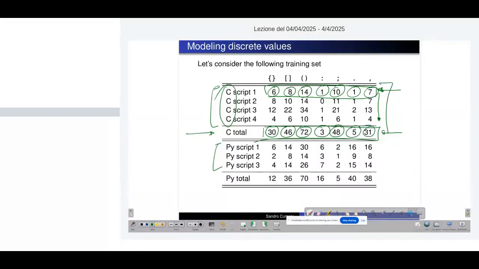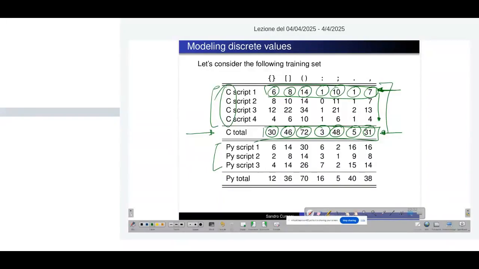The number of occurrences, this is what you have below, is the number of occurrences of each token. What changes is just the interpretation that you give to the feature vectors. But we have seen that these two interpretations are equivalent, so we will switch to the one that is more beneficial according to what we're doing in that moment, but we know we are doing the same thing.